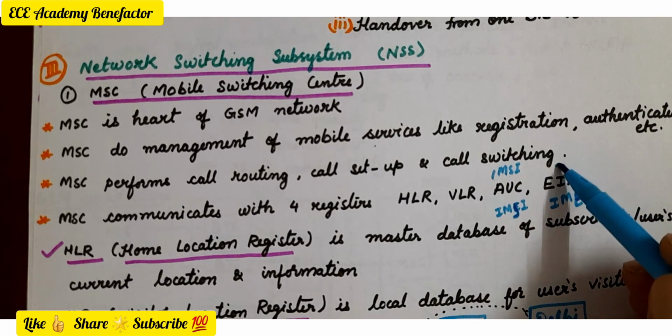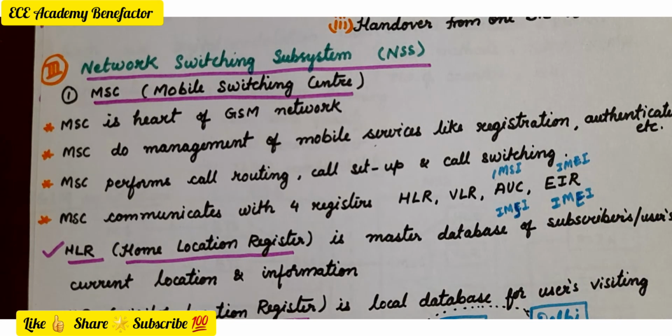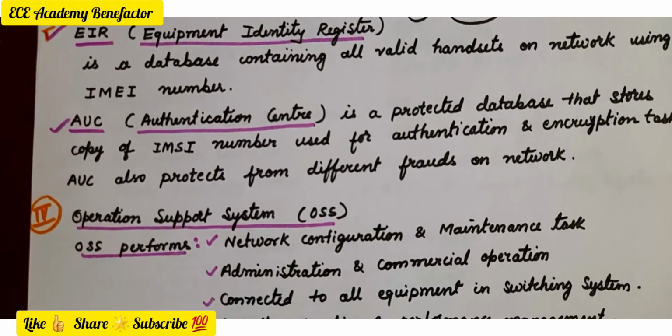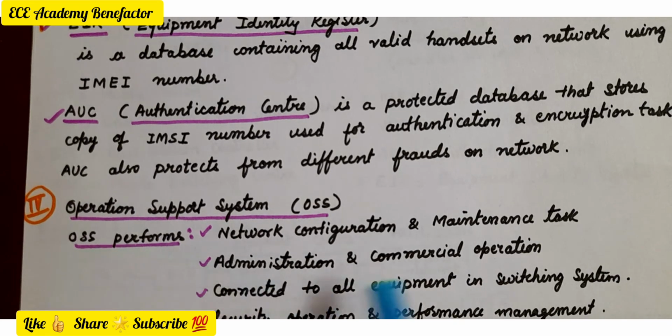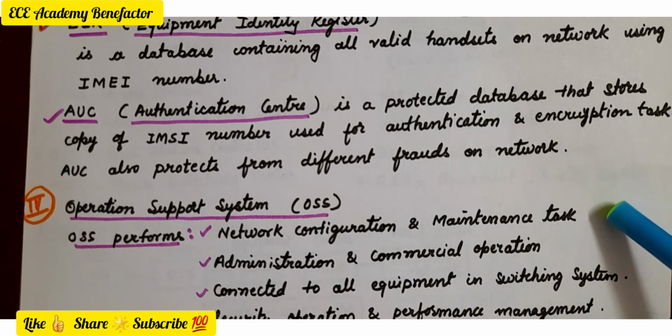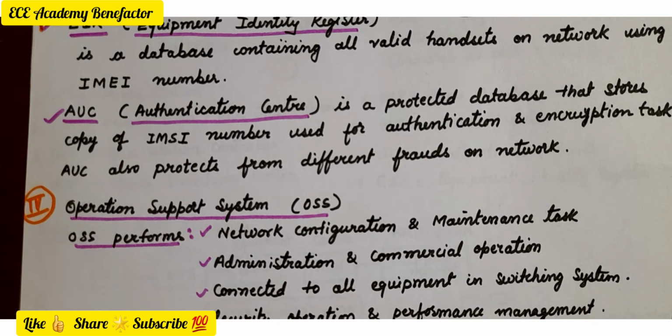EIR will hold the information about IMEI, equipment identity. Okay. So, the last stage is OSS, Operation Support System. OSS performs network configuration and maintenance tasks, administration and commercial operation, connected to all equipment in the switching system, security operation and performance maintenance.